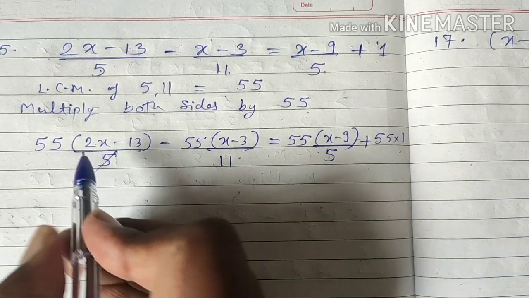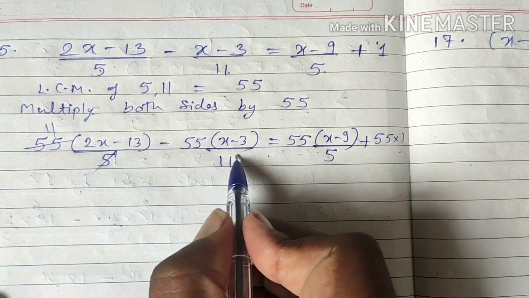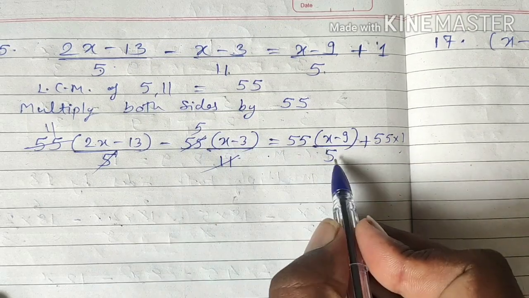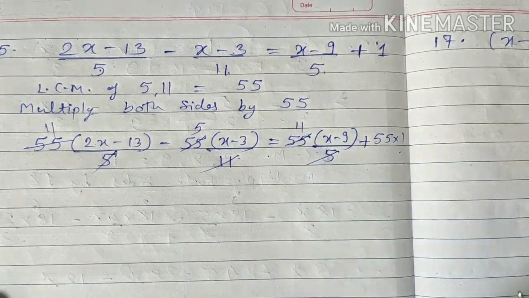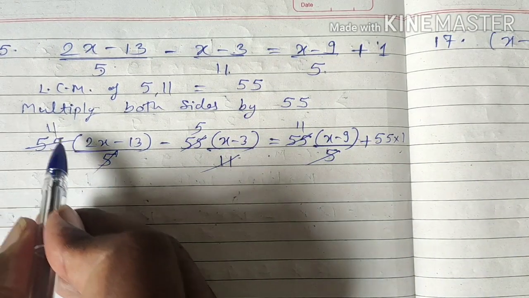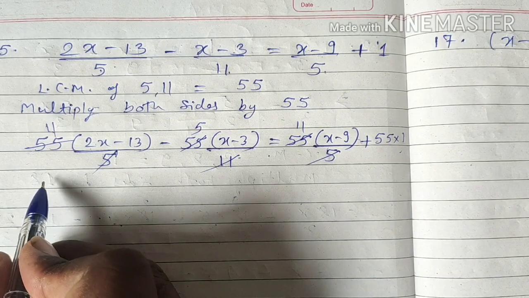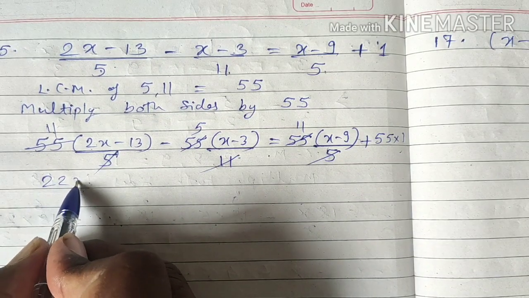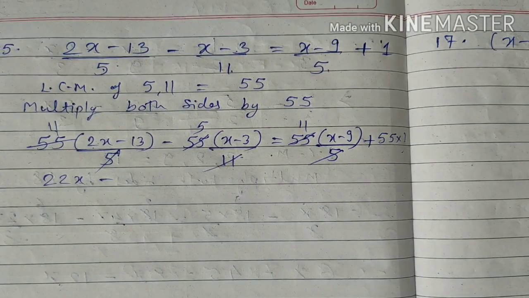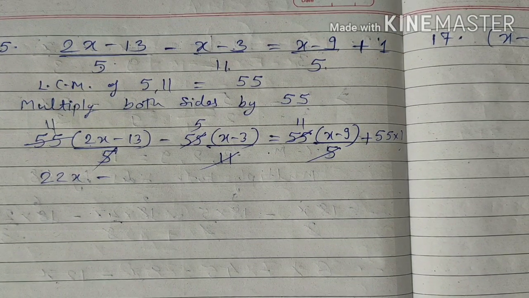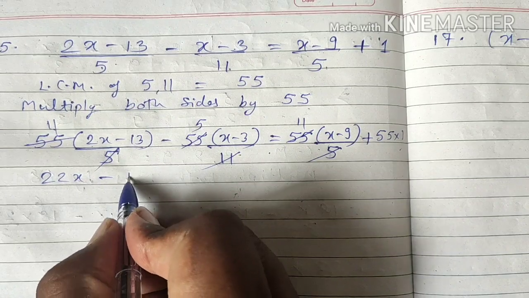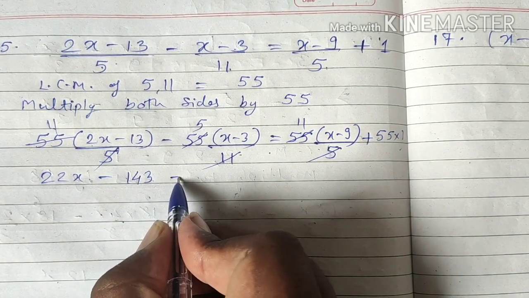Okay. 5 ones are 5, 11 ones are 11, 5 11s are 55. Okay. 11 into 2x is how much? 22x minus 11 into 13. 11 into 13 is 143.